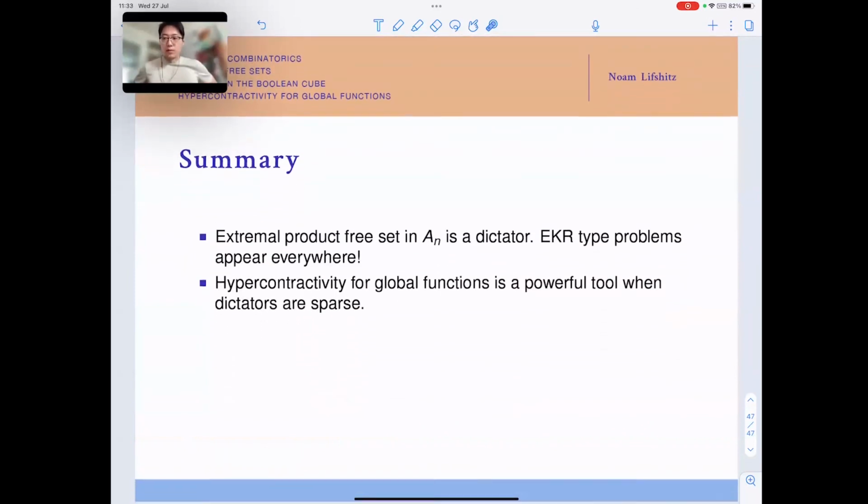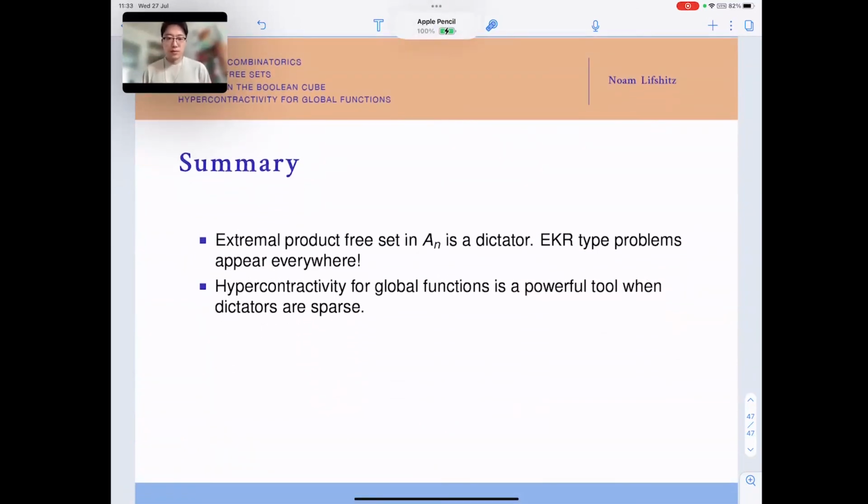Okay, so that's the last slide. The two main points that I wanted to make are, first, that extremal, Erdős-Ko-Rado type problems appear everywhere. Even in problems in additive combinatorics and group theory, dictators appear as extremal examples.